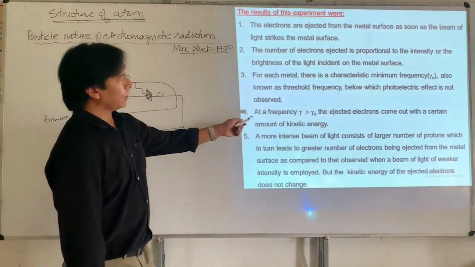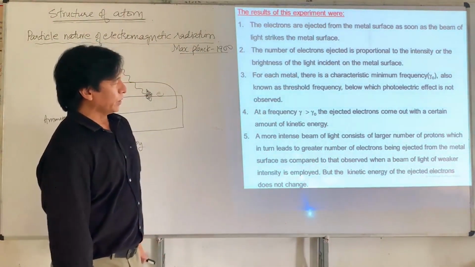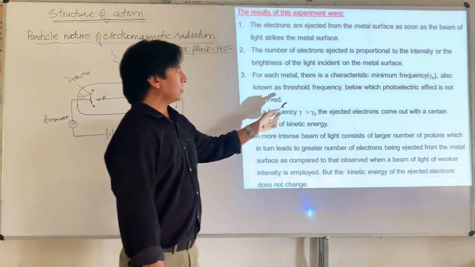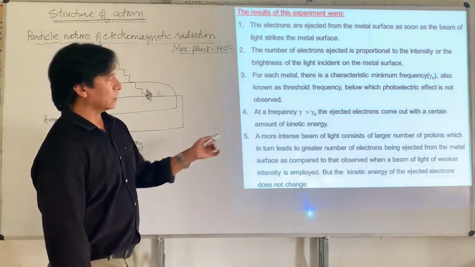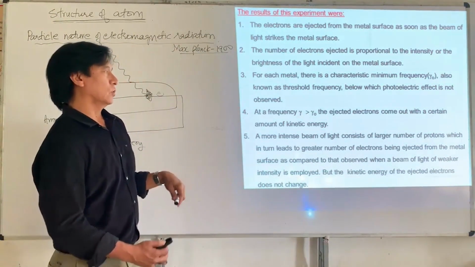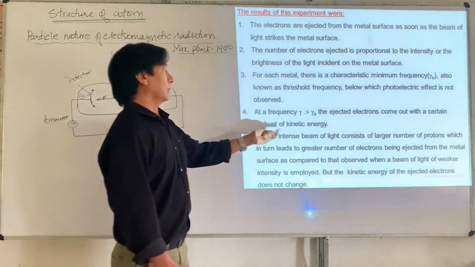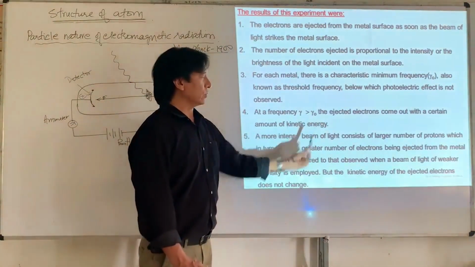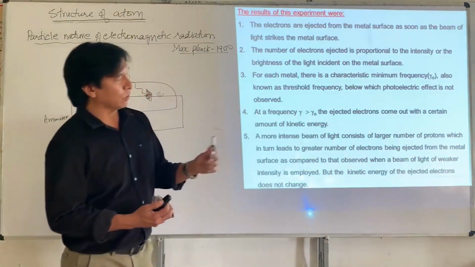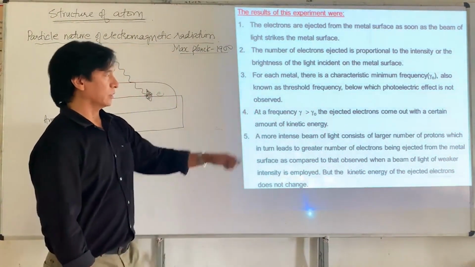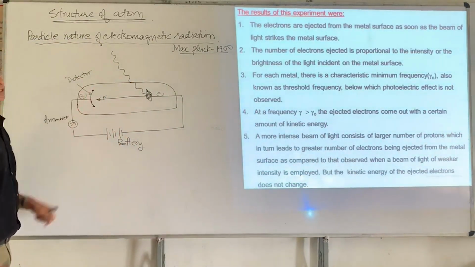And then it says that at a frequency nu, the frequency of the beam of light striking the metal surface, greater than nu naught, the ejected electrons come out with a certain amount of kinetic energy. So if the frequency of the ray of light striking the metal surface is greater than the threshold frequency, the ejected electrons come out with a certain amount of kinetic energy, and they move towards the anode, towards the detector.